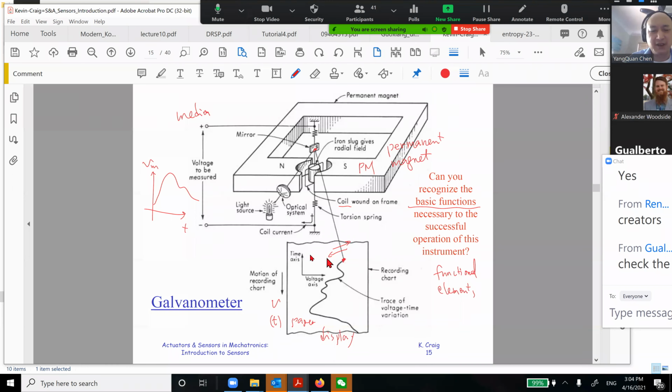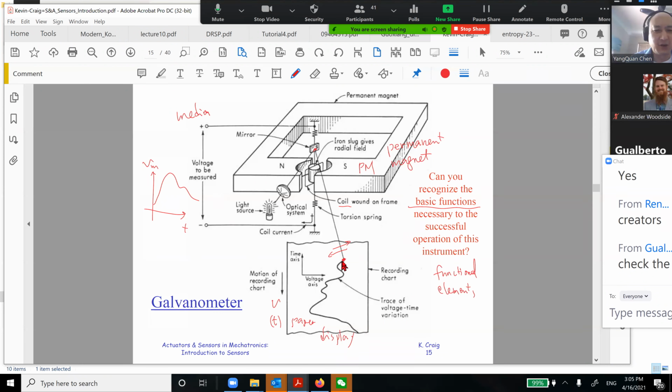The light beam falls on this piece of paper, maybe in a roll, and the roll is slowly moving, okay? This paper is a special paper. It's called photosensitive, okay?